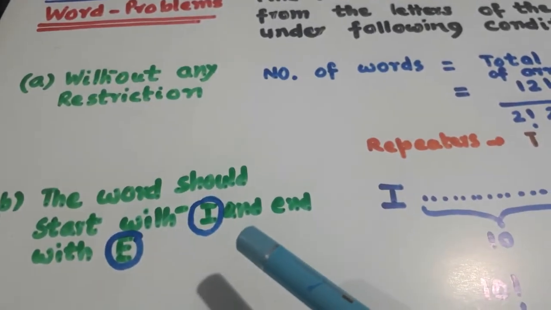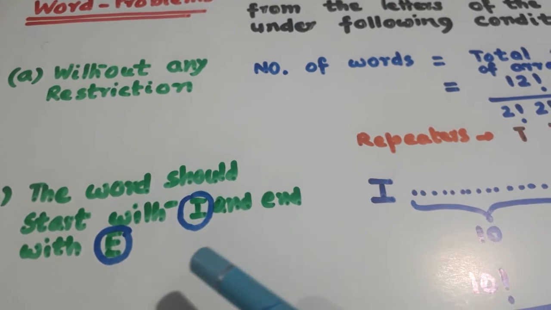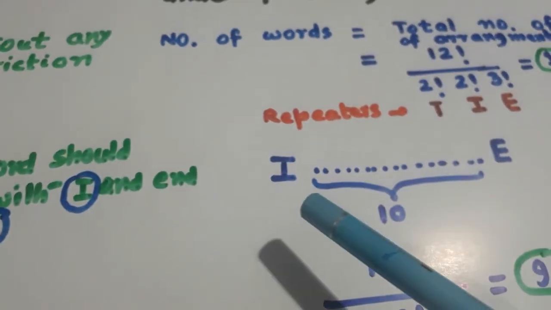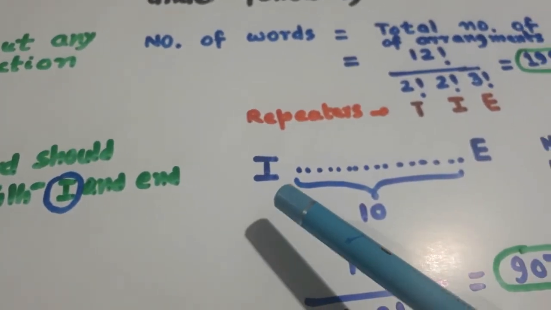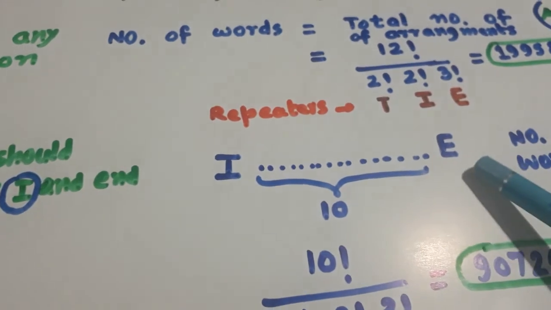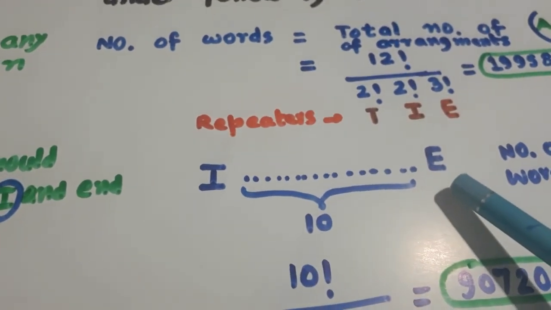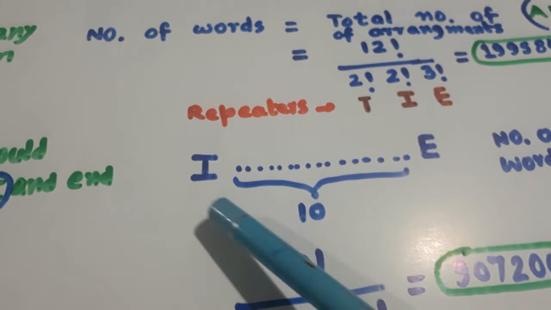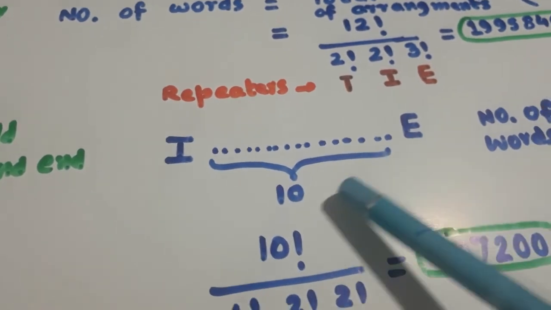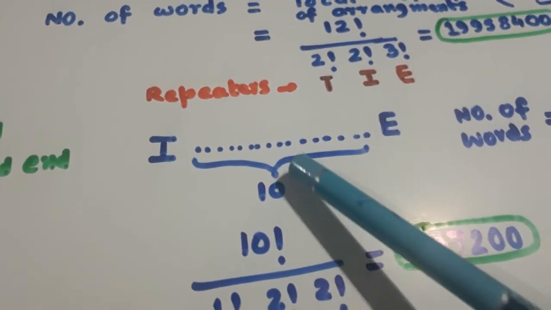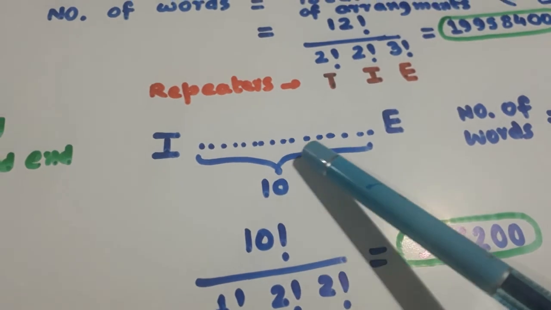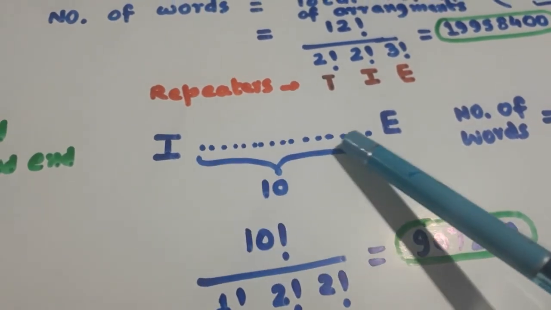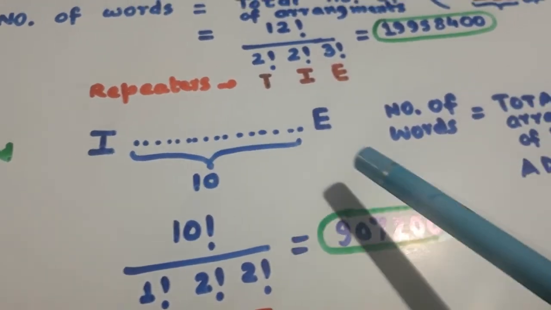The word starts with I and ends with E. Look here, this starts with I, ends with E. So there were 12 letters. Now these 2 are fixed. Now these 10 have to be arranged. These 10 balance letters, they will be arranged.